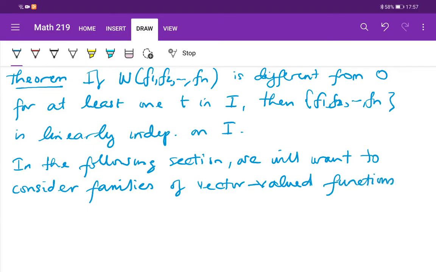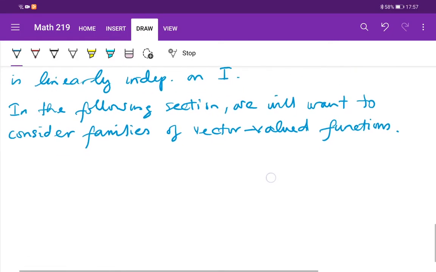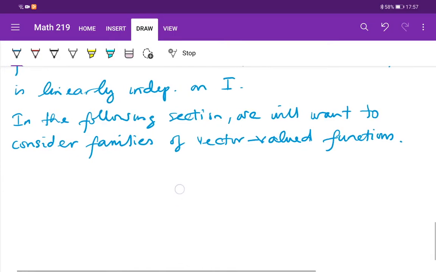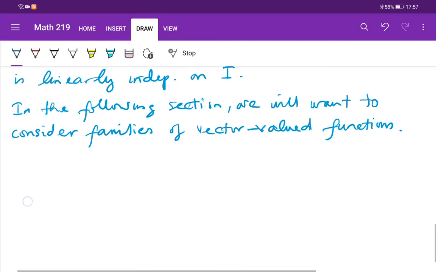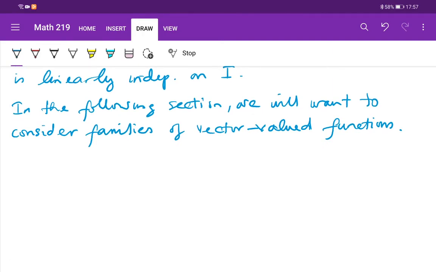And in this case, we want to talk about linear independence of vector-valued functions. So we have the obvious definitions. So the natural definition is the following.